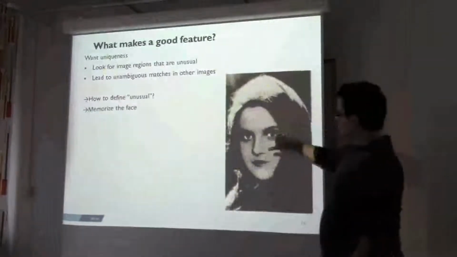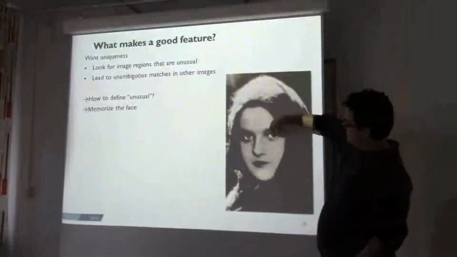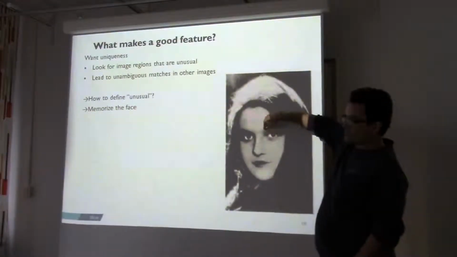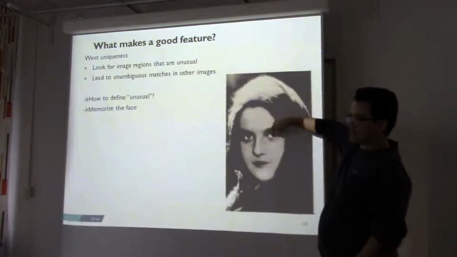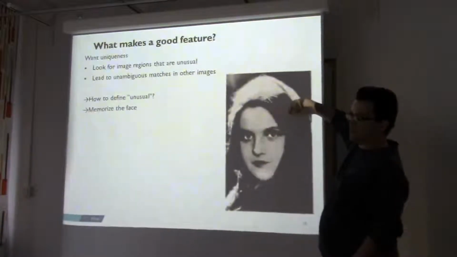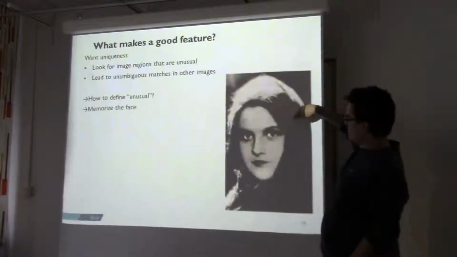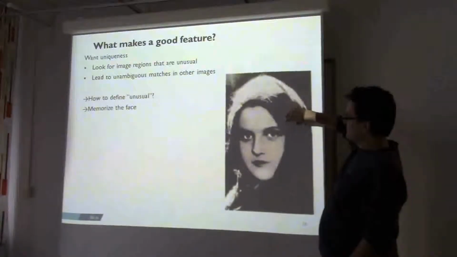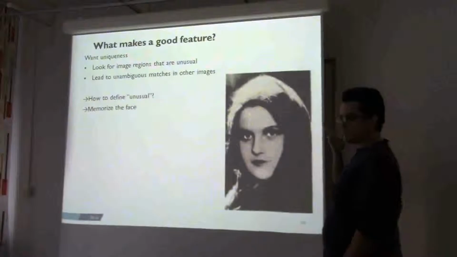So the idea is that if you put a point here and you move from it, the properties change a lot. If you put it here, we are in a uniform region. This is not unique, let's say.